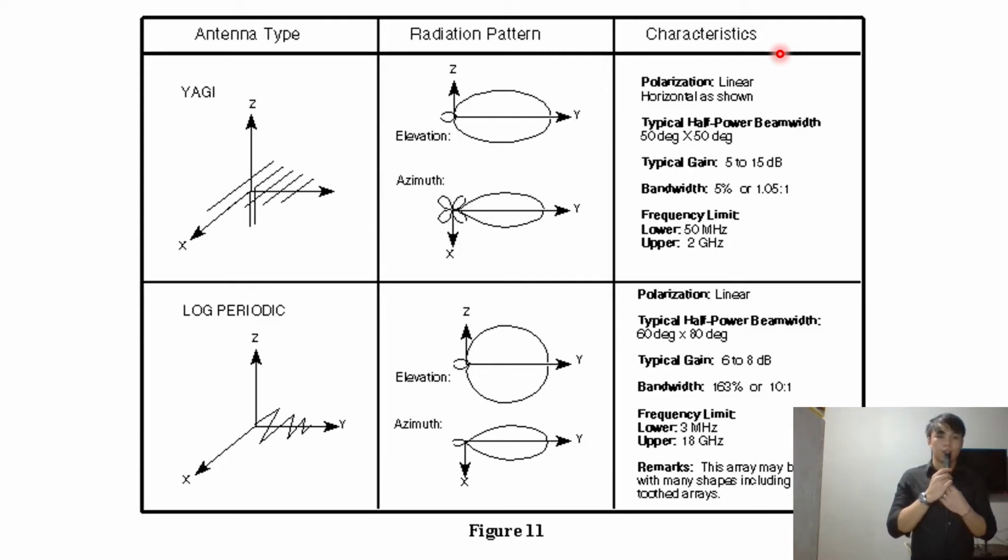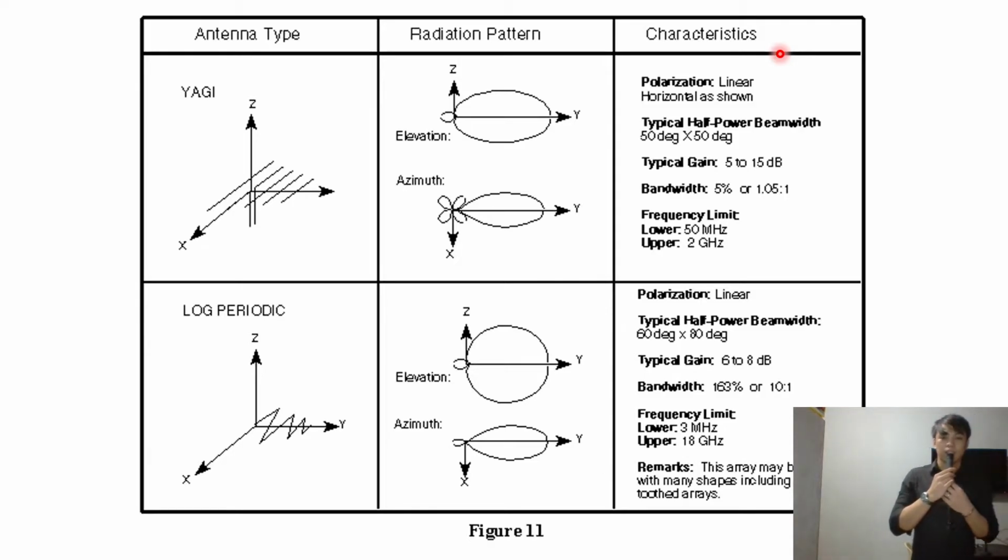The bandwidth of this antenna is 5%, or 1.05 to 1. The lower frequency limit of this antenna is 50 megahertz, and the upper frequency limit is 2 gigahertz.